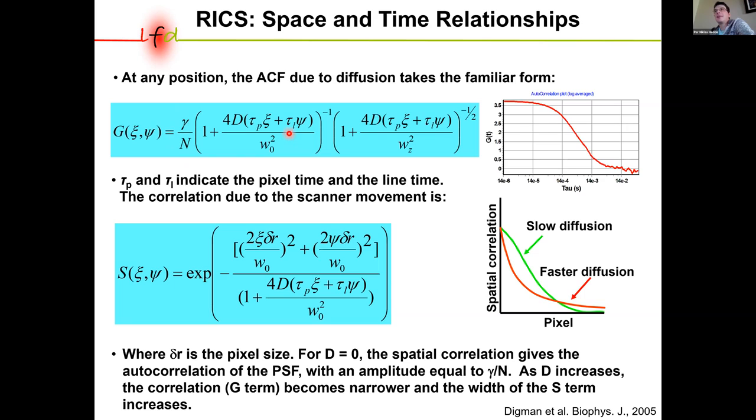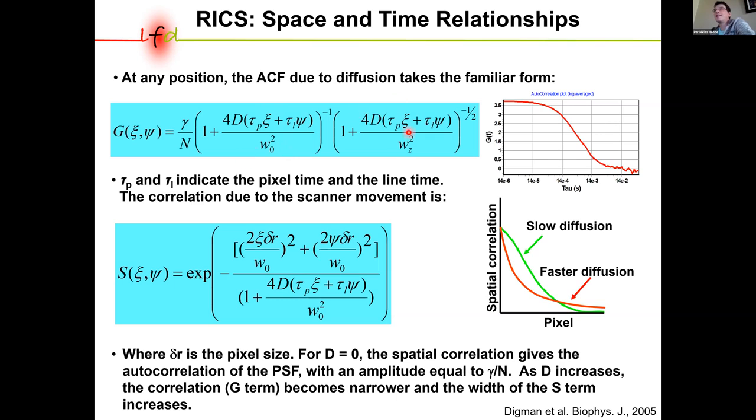And then we have these terms here, which incorporate the diffusion coefficient in the case of free diffusion. Then we have tau p, which is the pixel dwell time. Then c, which is the current pixel shift that we are considering. Then we have the same for the line dwell time and line shift. And then we divide by the size of the observation volume in xy squared.